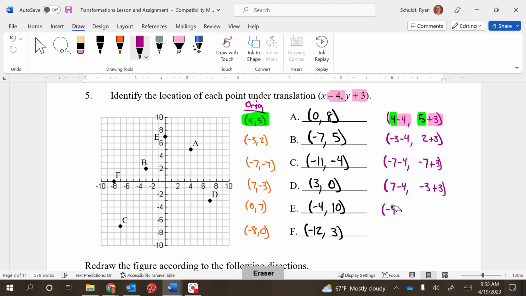Then 0 minus 4, 7 plus 3, negative 4, 10. Negative 8 minus 4, 0 plus 3, negative 12, 3. That's all I did.